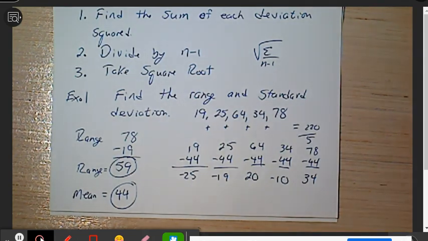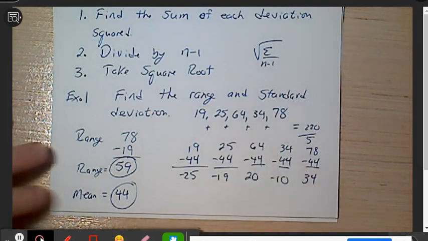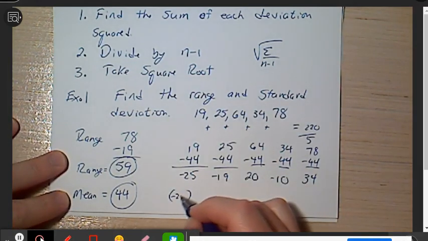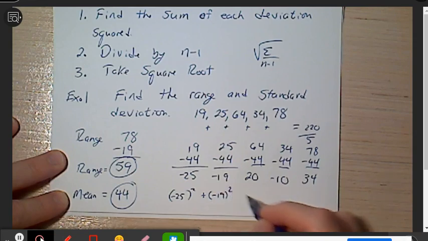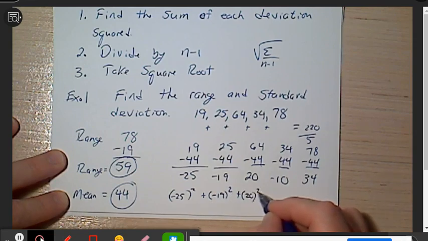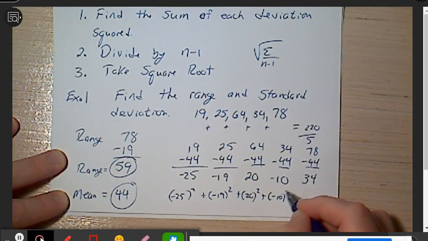Okay, and then you're going to take each number and square it. So we're going to do negative 25 squared plus negative 19 squared plus 20 squared plus negative 10 squared plus 34 squared.